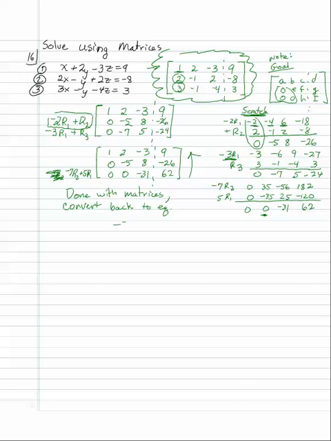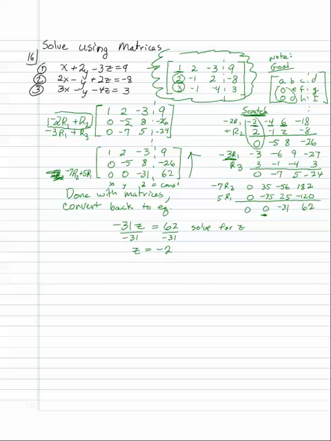So the bottom one is negative 31. Remember, this is x, y, z equals constant. So it's negative 31z equals 62. Solve that. Divide by negative 31. So z equals negative 2.